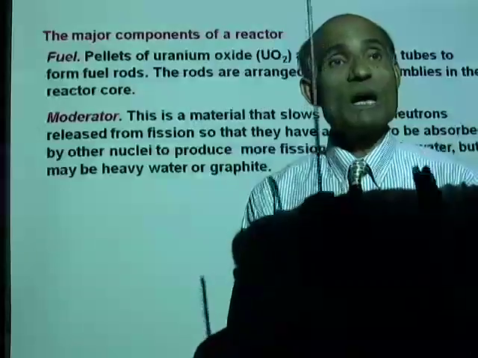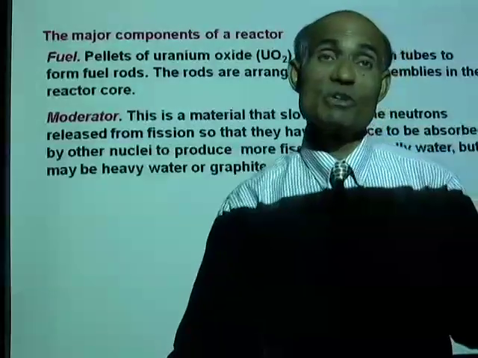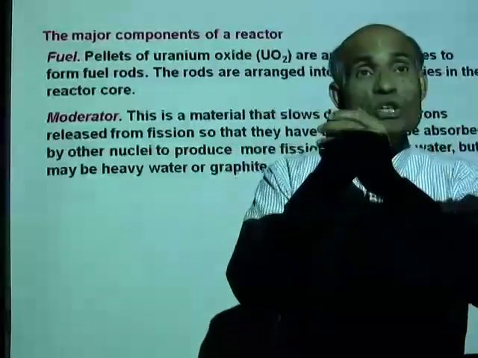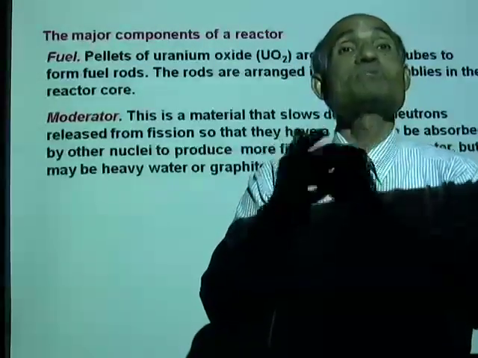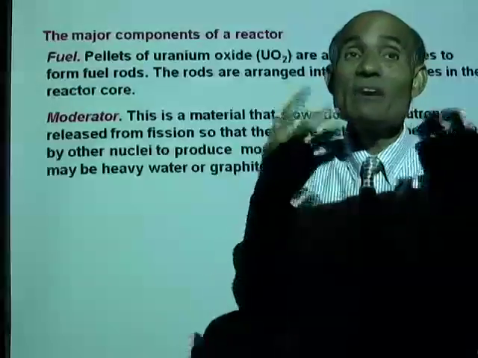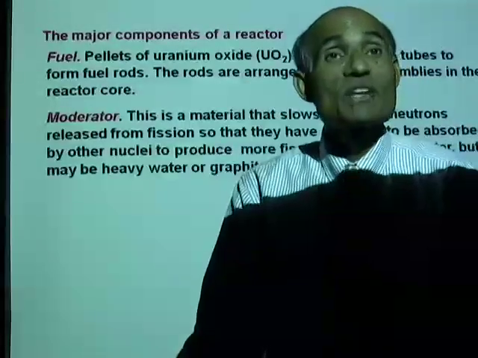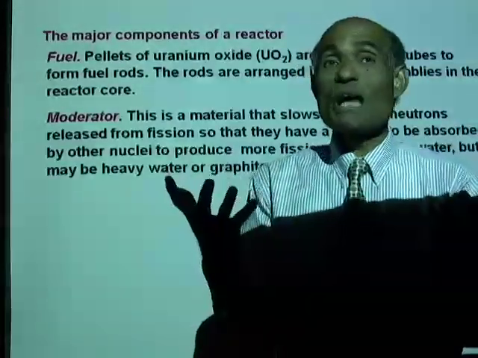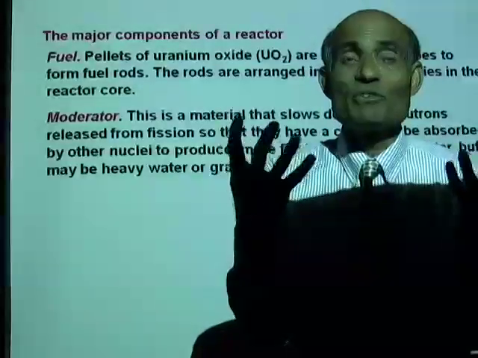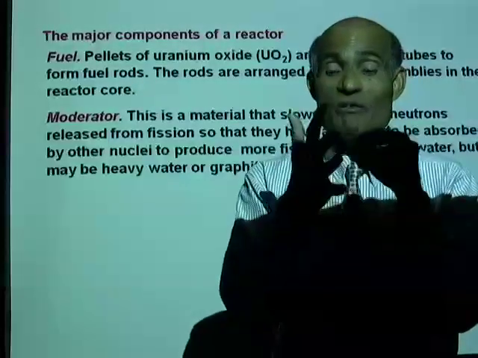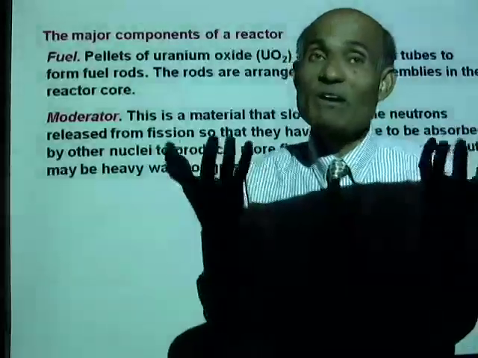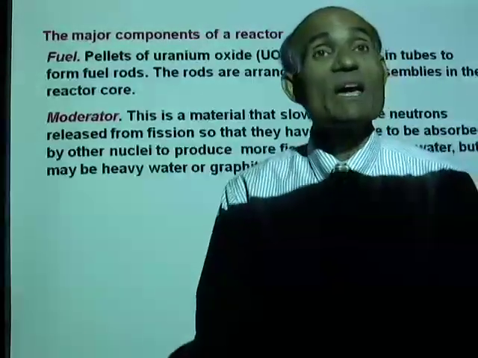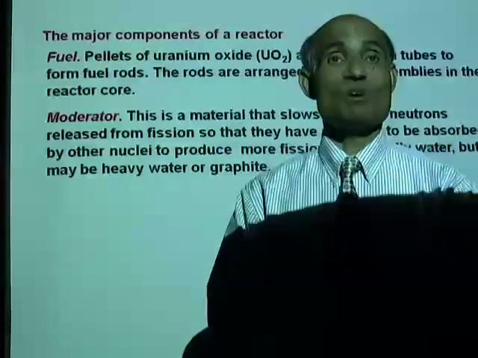They need to be slowed down, and the slowing down is done by repeated collision of these neutrons with the nuclei of some materials. Well, heavy water is a good example of a moderator. Some reactors use graphite. The carbon nuclei are very effective in slowing down neutrons. So graphite is a good moderator, and heavy water is another good moderator.